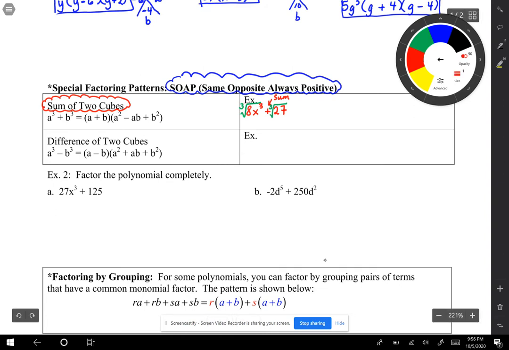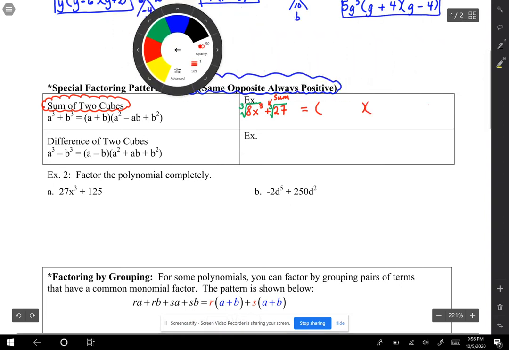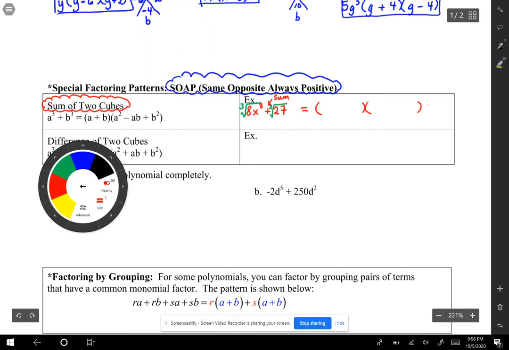And then you can say, okay, so the right side is, so make your 2 sets of parentheses. And here's where the same, opposite, always positive comes in. So same goes here, same as the original problem. The original problem has a positive. Opposite here, always positive there.